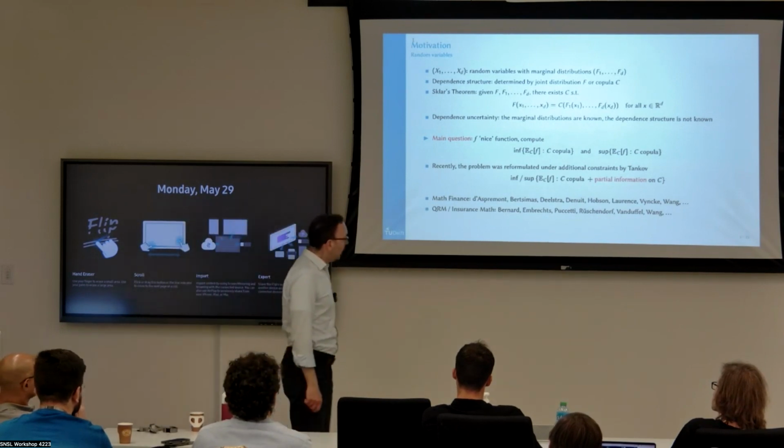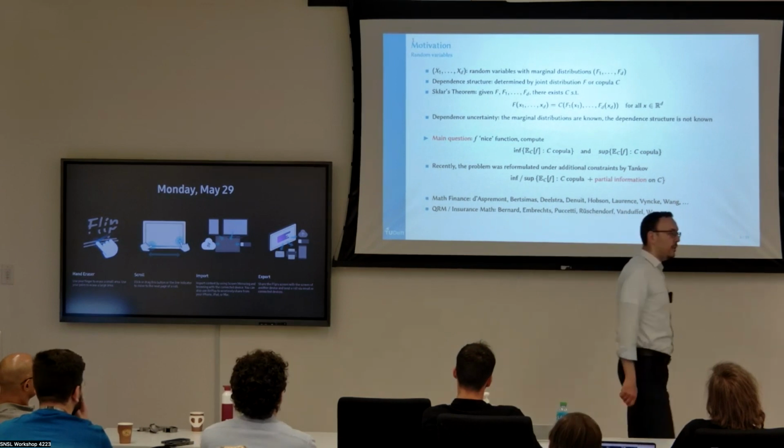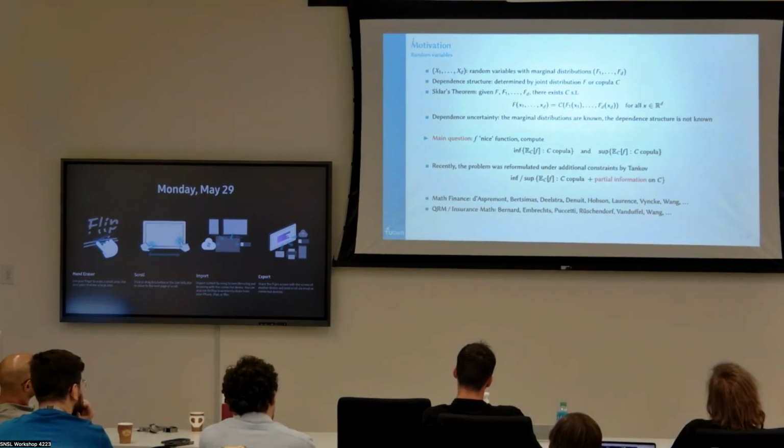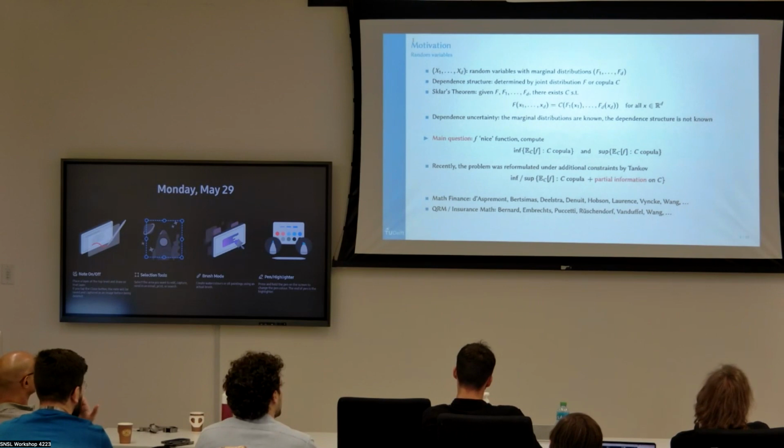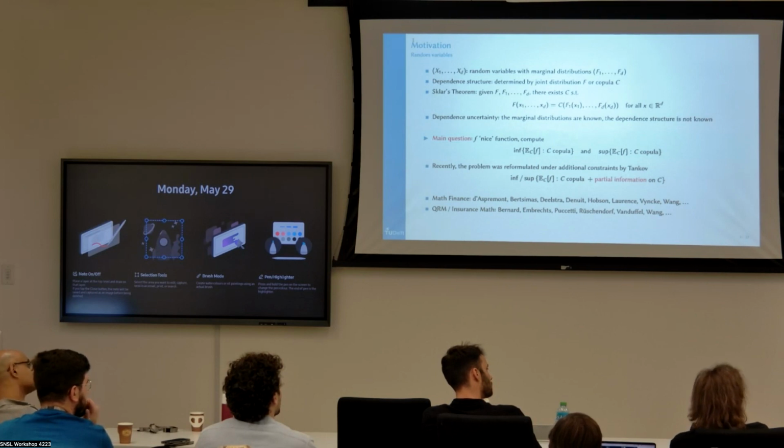Okay, so good. Now, one main question in this field is, take some nice function f, and you want to construct this object here. So this you should understand as, well, let's say this is your random vector where you know the distribution and then you don't know the copula.